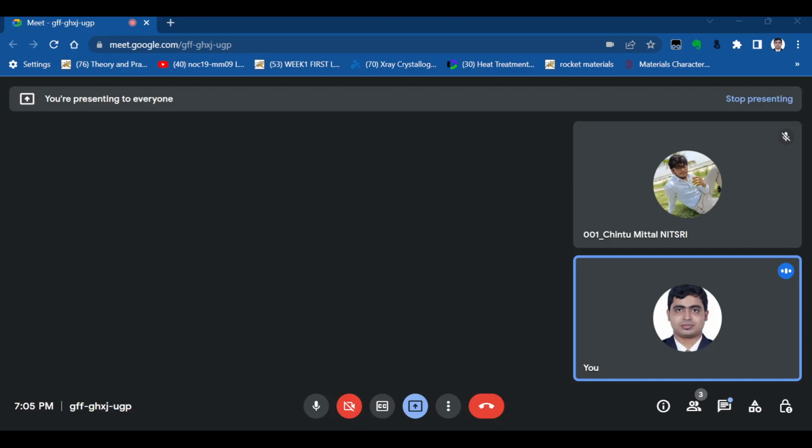Sigma 1 minus sigma 3 equal to sigma 0, or this is yield stress sigma ys. So from this we get this relation that sigma 0 is equal to 2k. So what is k? This k is basically our tau max.